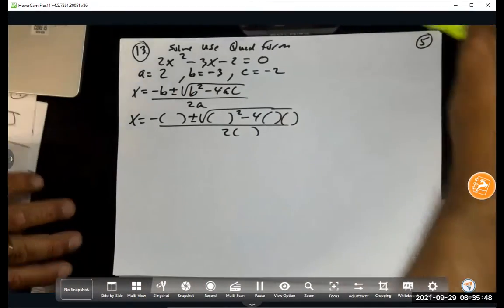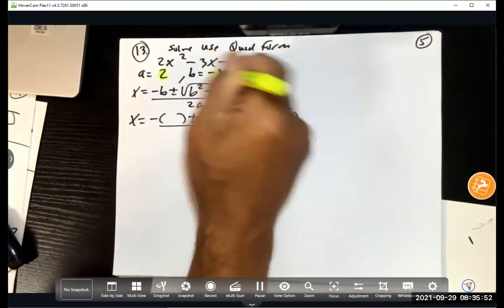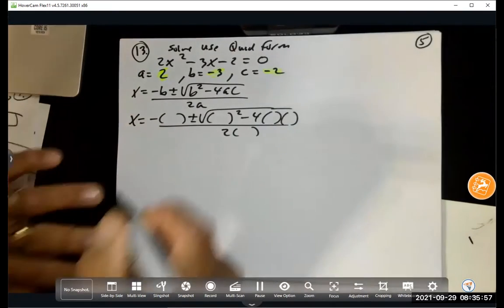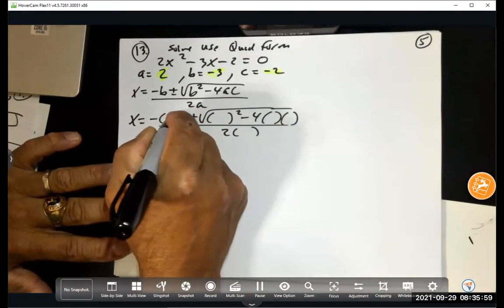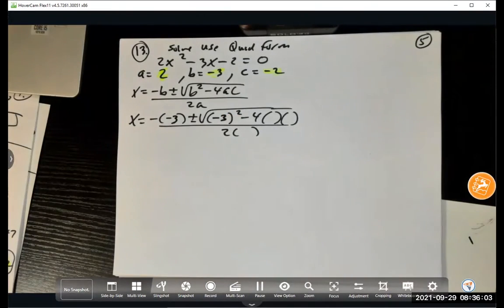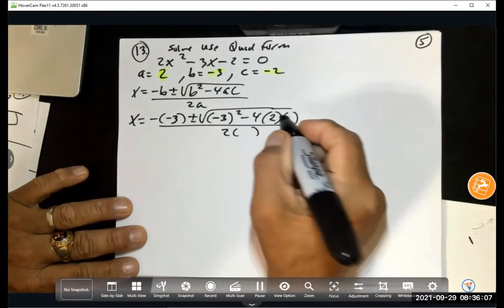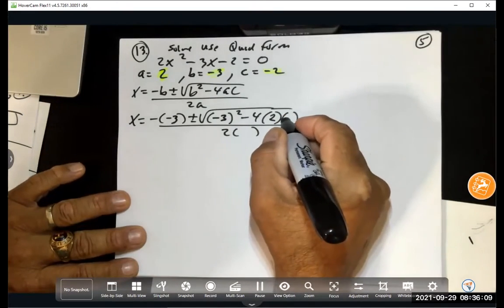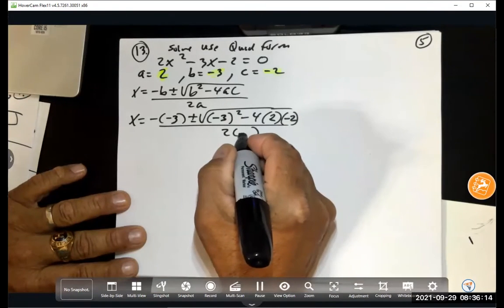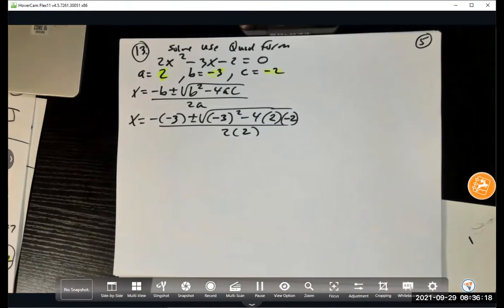Somebody tell me. -3. We said -3, so I'm going to write that down. For A, what is letter A? 2. Okay. And for letter C, -2. Yes. And for letter A, 2. So we okay with the numbers?